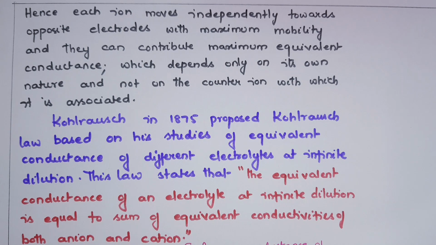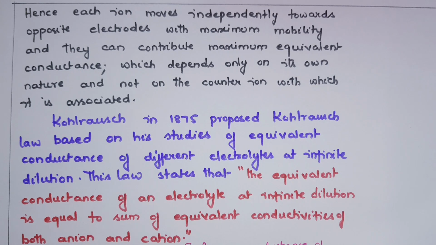Previously in the beginning, at ordinary dilution or at normal dilution, we have seen there will be attractions and their mobility will be difficult. Now at infinite dilution, what happened? All the attractions are broken and now they are free to move. So each ion moves independently towards opposite electrodes.